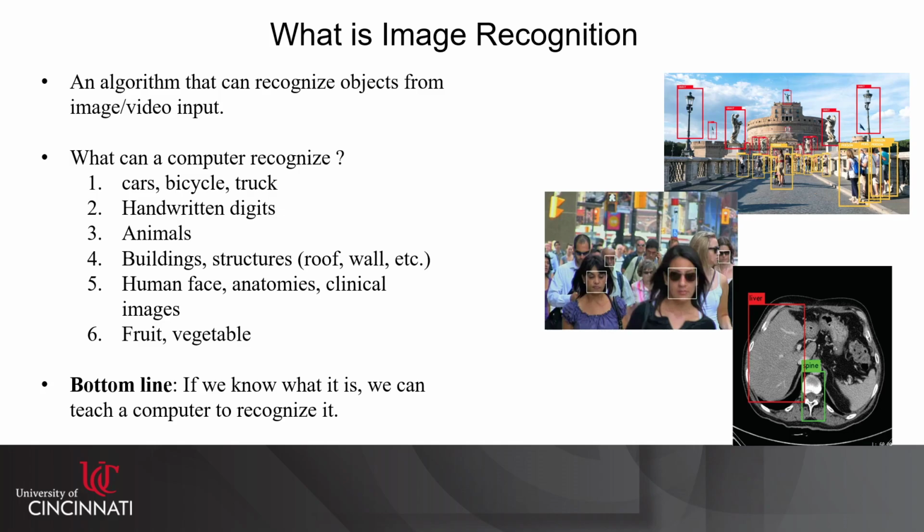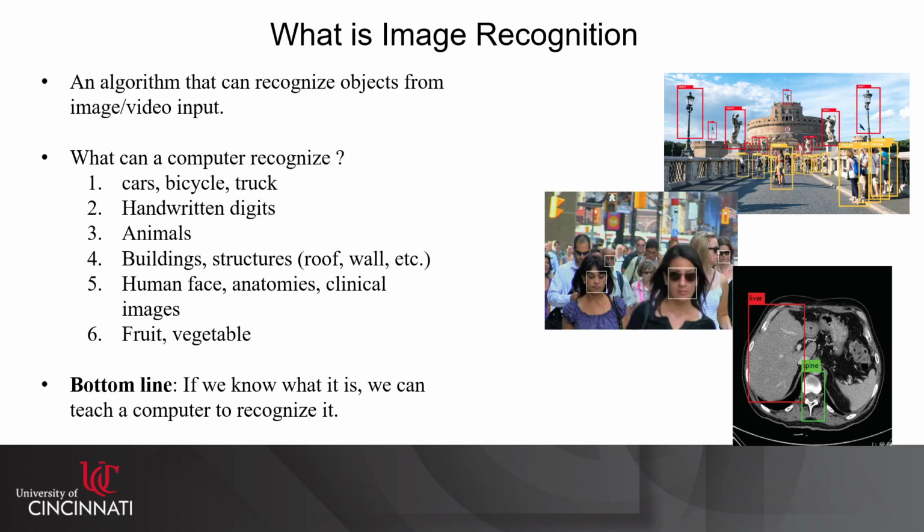We can see there are plenty of examples that I provided. There are computers recognizing human faces. There are computers recognizing landmarks, statues, lamps, passengers, and there are also a good variety of usages of this type of technology in the medical research area.